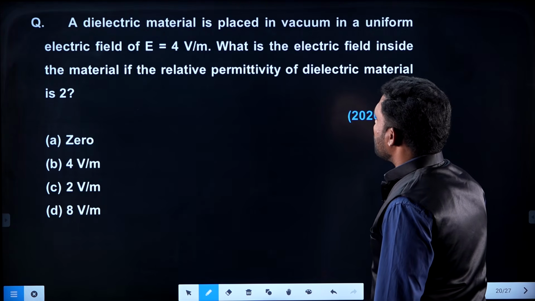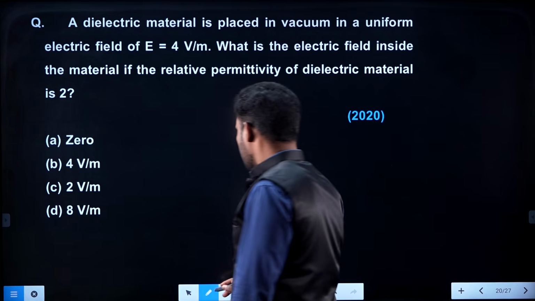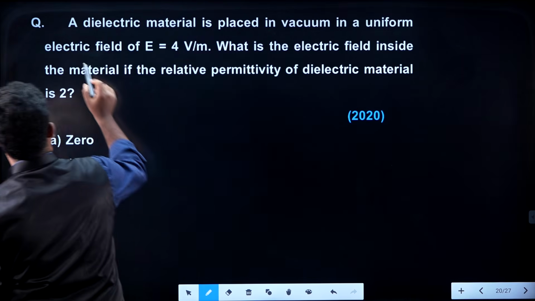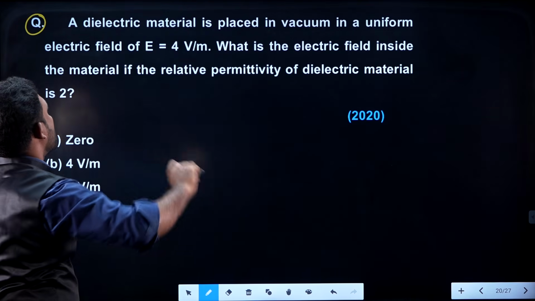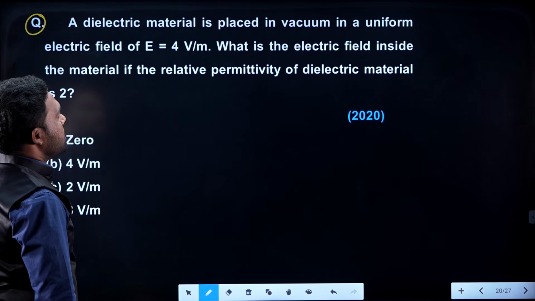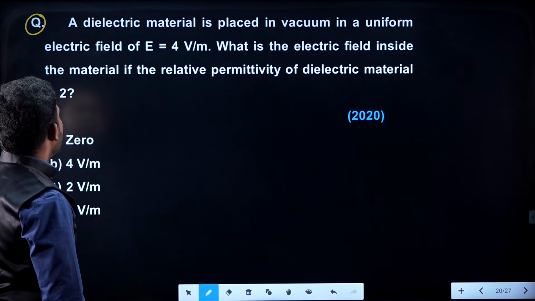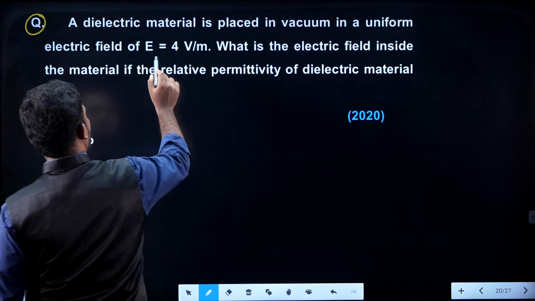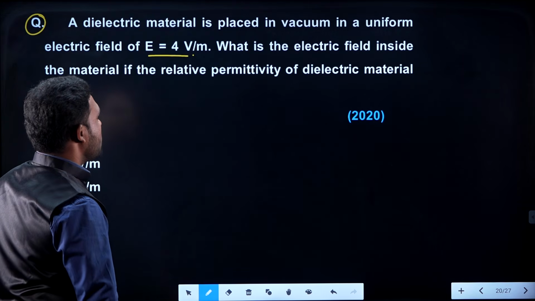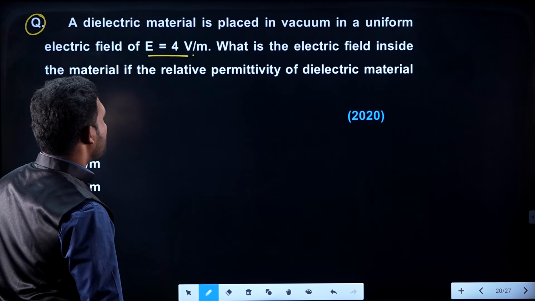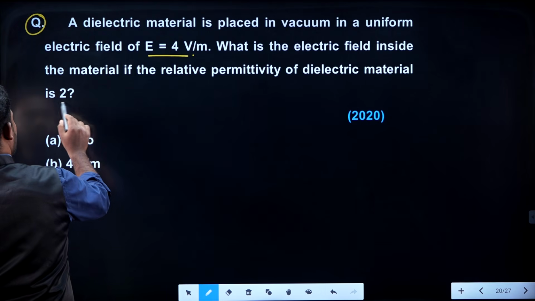Yes, let us have one more question here. A dielectric material is placed in the vacuum. The electric field E is equal to 4 volt per meter. What is the electric field inside the material if the relative permittivity of the dielectric material is 2?